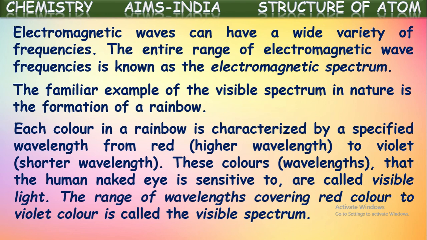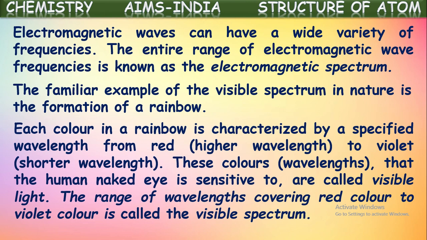So in terms of wavelength, what happens? Red has a greater wavelength, whereas violet has a shorter wavelength. These colors that the human naked eye is sensitive to are called visible light.